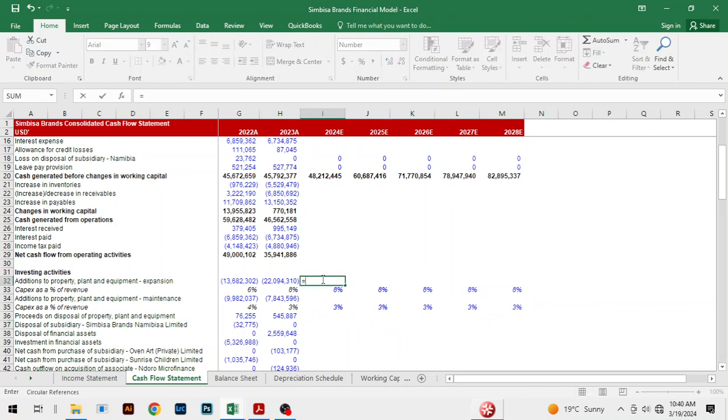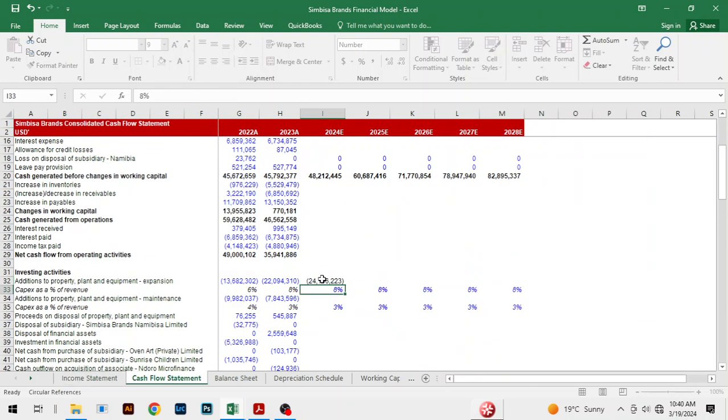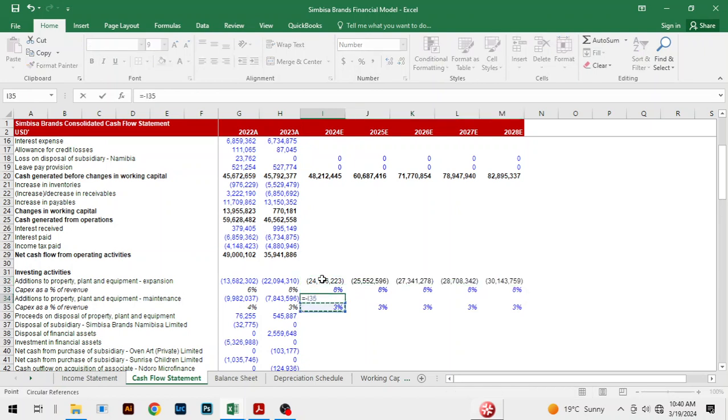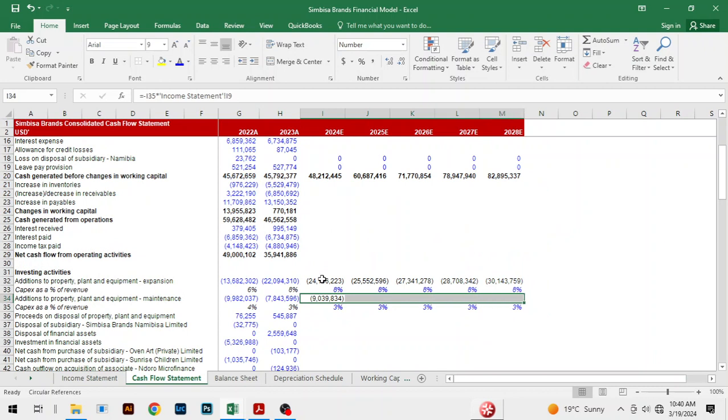And then let's project that. So we're going to say negative, select this, and then multiply by revenue for 2024. Right, multiply by revenue for 2024.